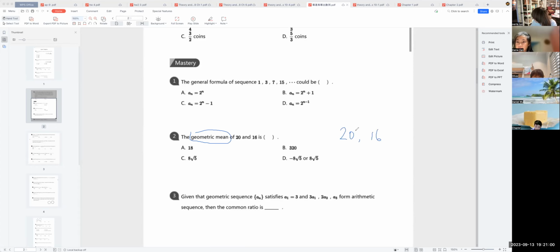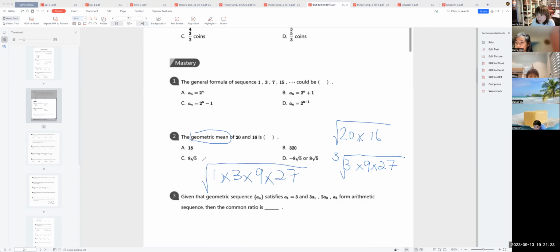If they want to know these two numbers, geometric mean is you time them together and square root. If you want to know 3 and 27's geometric mean, you time them together and square root what? And if you want to know 1, 3, 9, 27, these four numbers geometric mean, you time them and square root what?